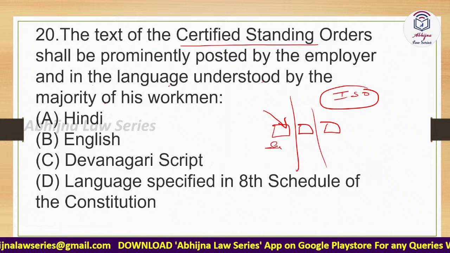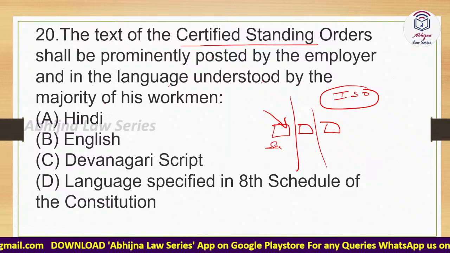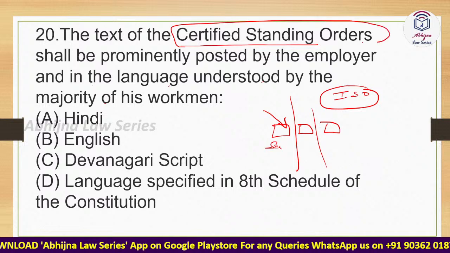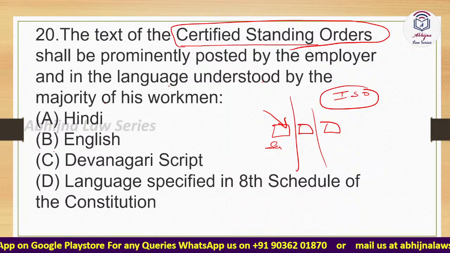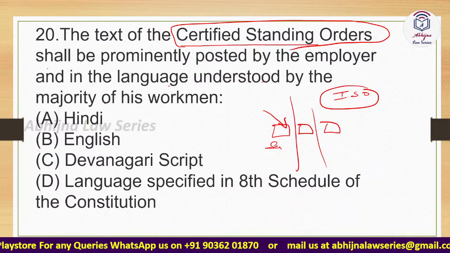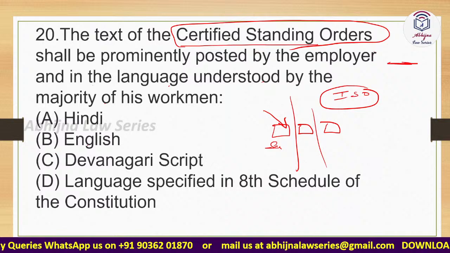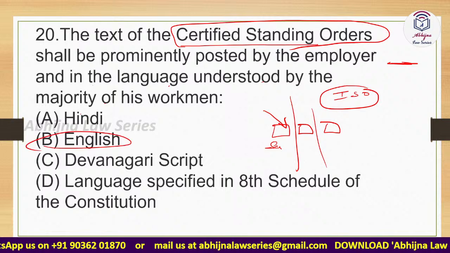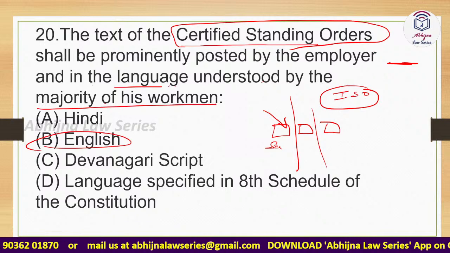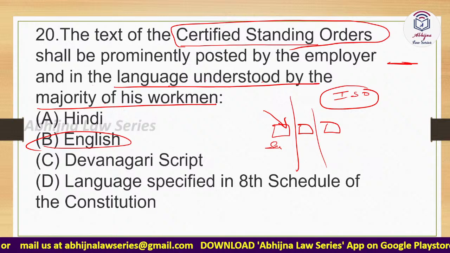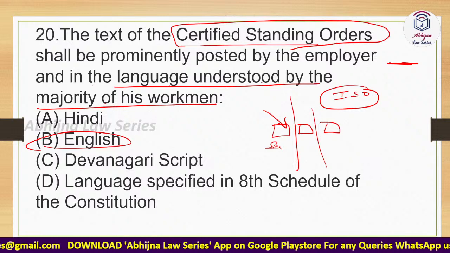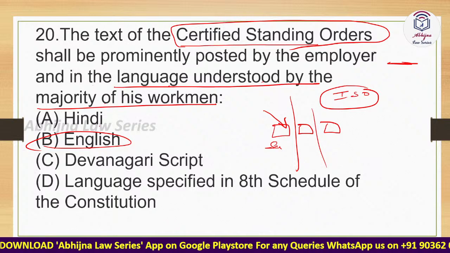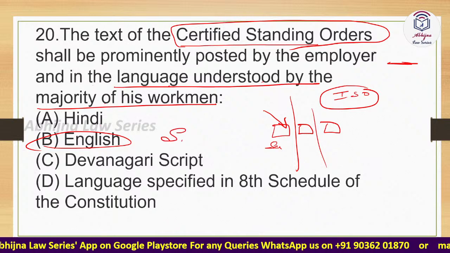In what language should it be published? It should be published in English, and also where most of the workmen know a particular language, in that language they must publish it. This is as per Section 9 of the Industrial Standing Orders.